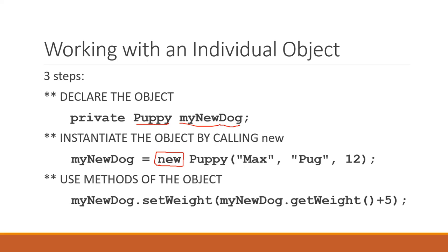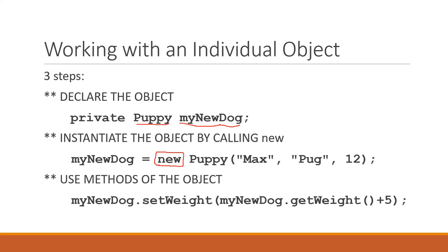The data types, the order in which you specify the values, and how many of them there are are defined in the class definition in the heading of the constructor method. So imagine my puppy class, the constructor wants three values: the name of the puppy and the breed and maybe the weight in pounds of the puppy. So that's why I'm specifying those three things there.